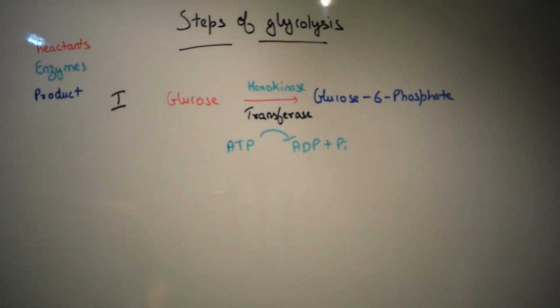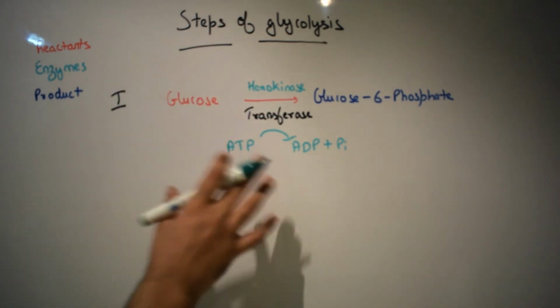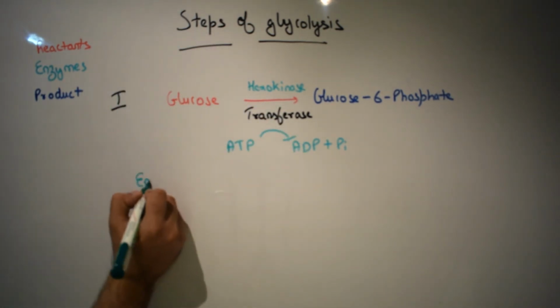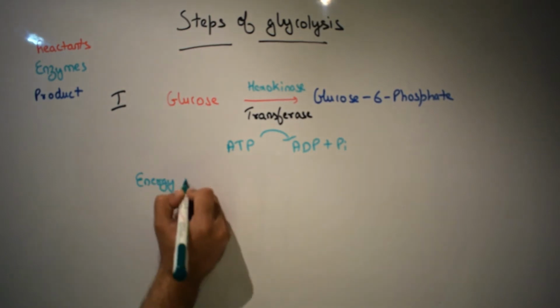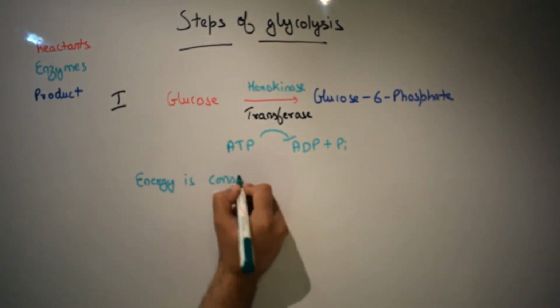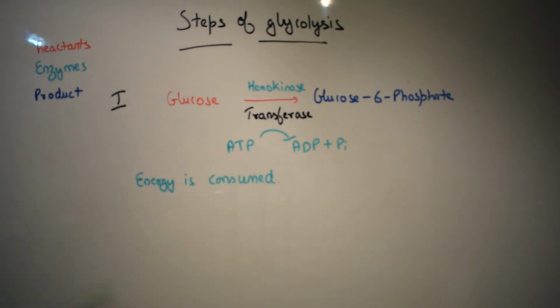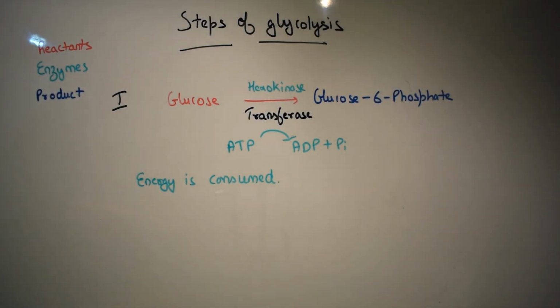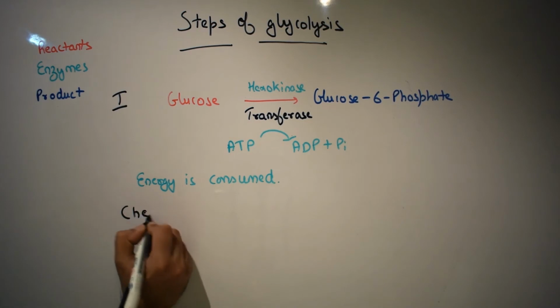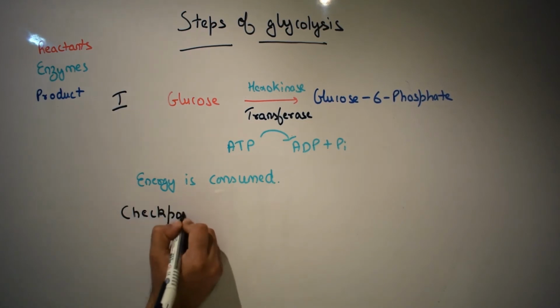This is the first phase of glycolysis where energy is consumed, which means one ATP molecule is used in the first step of glycolysis, and this step also acts as a checkpoint. It is the first checkpoint of glycolysis.